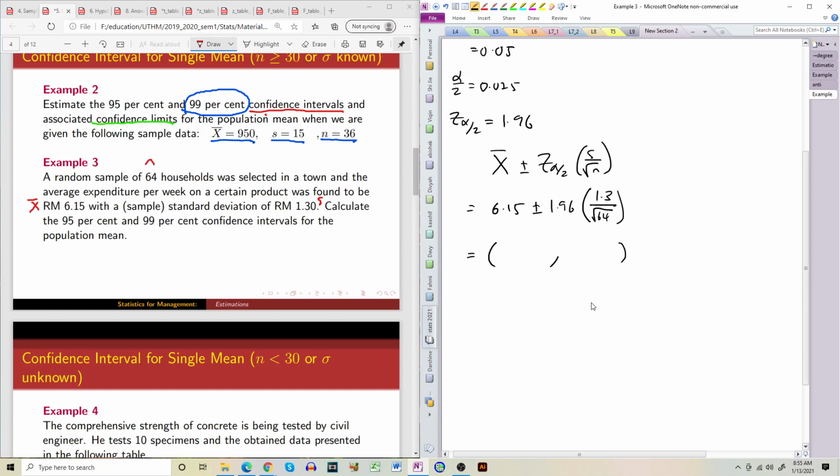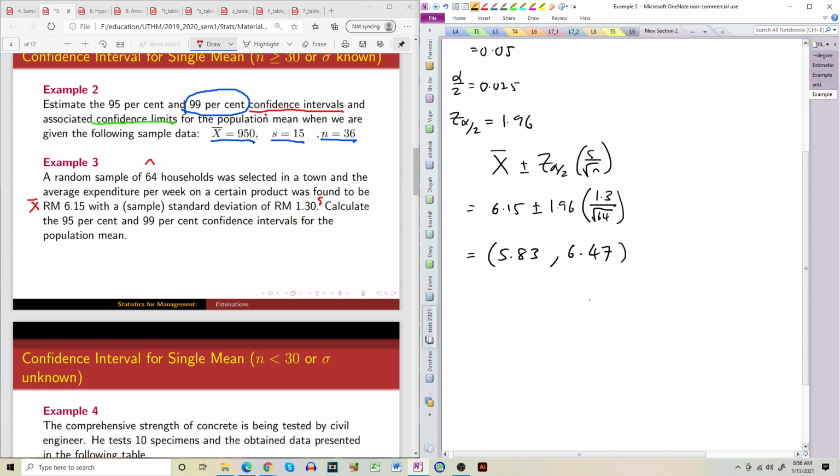Here you will get, I take 2 decimal places, 5.83. Here you will get 6.47.